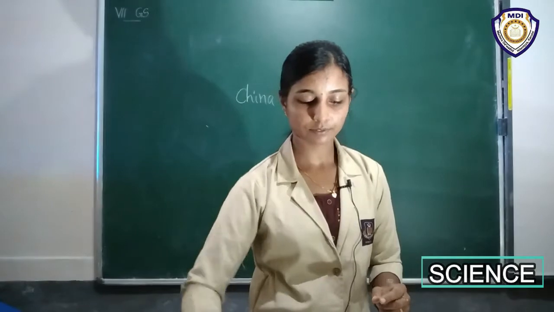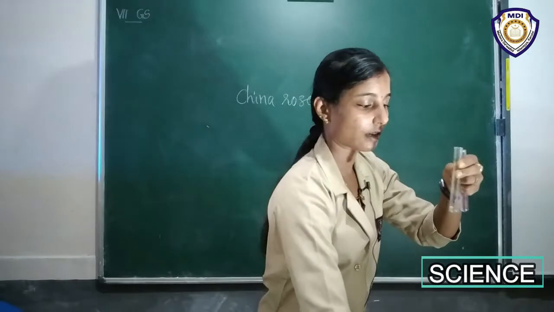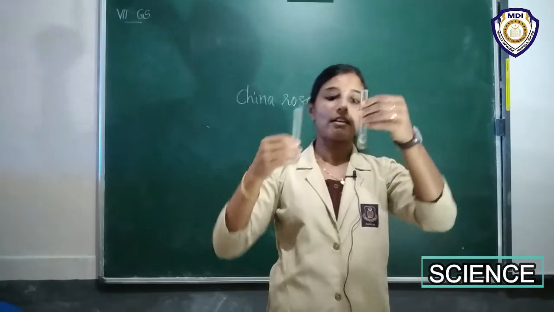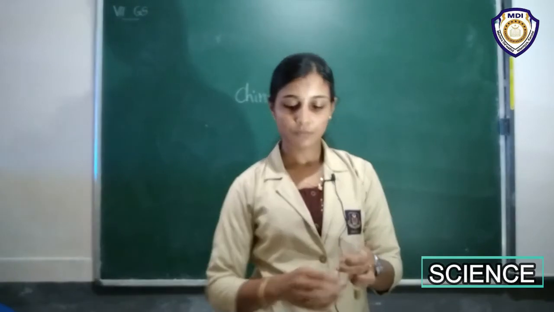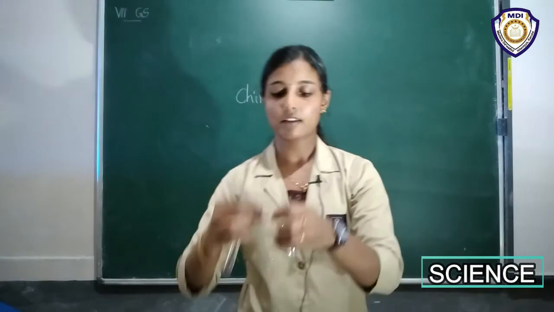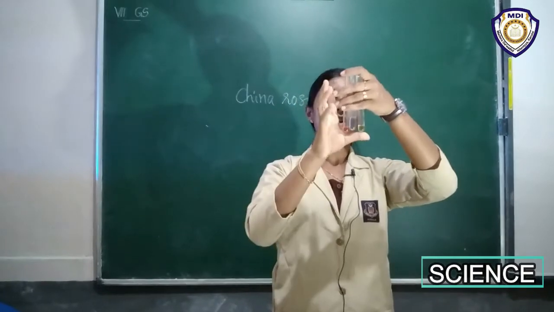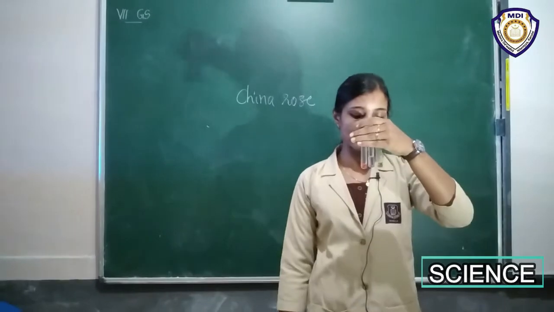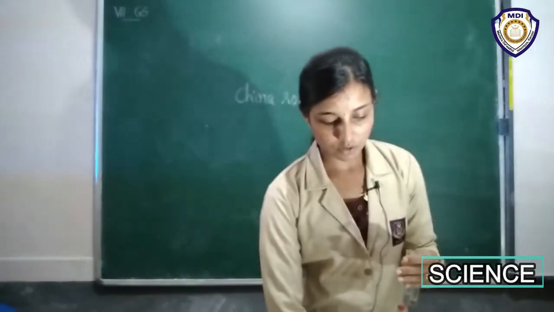Here I took some soap water in this test tube and added some indicator solution, and the color will change into green. So these are the color changes. This is also given in your textbook, figure 5.3, China rose flower and the indicator prepared from it.